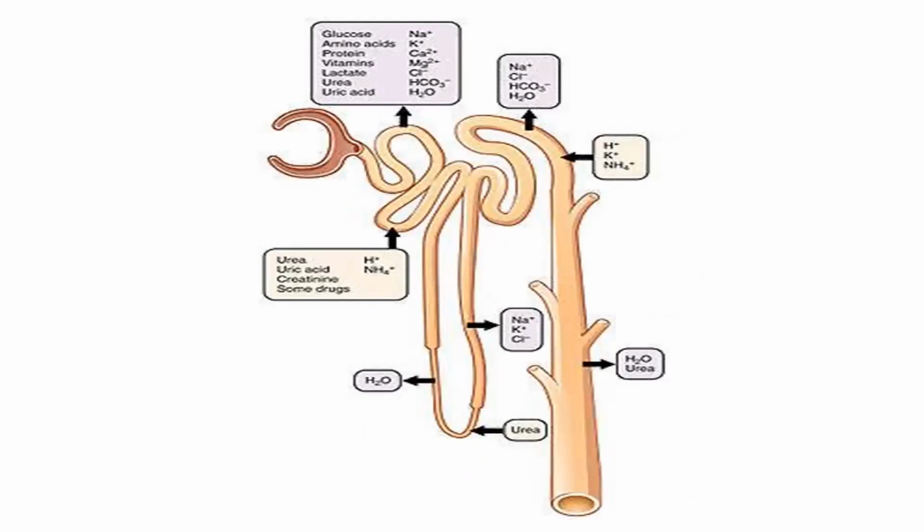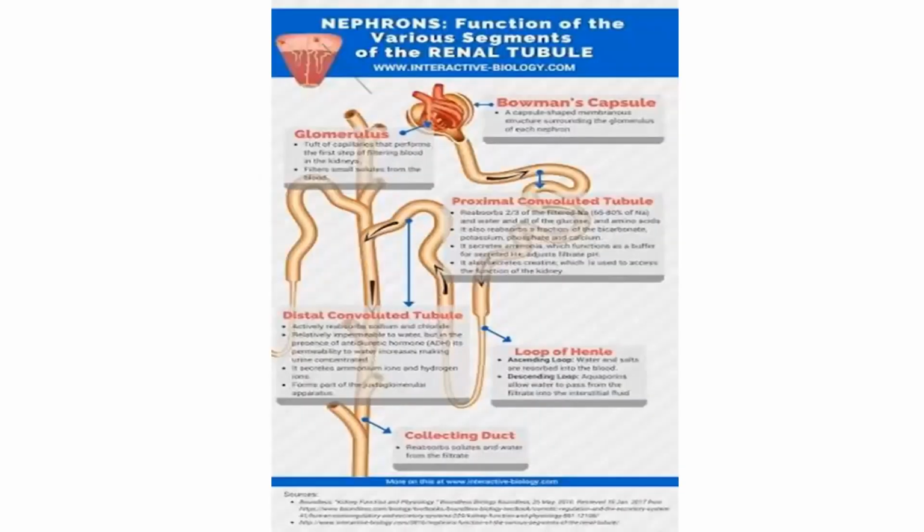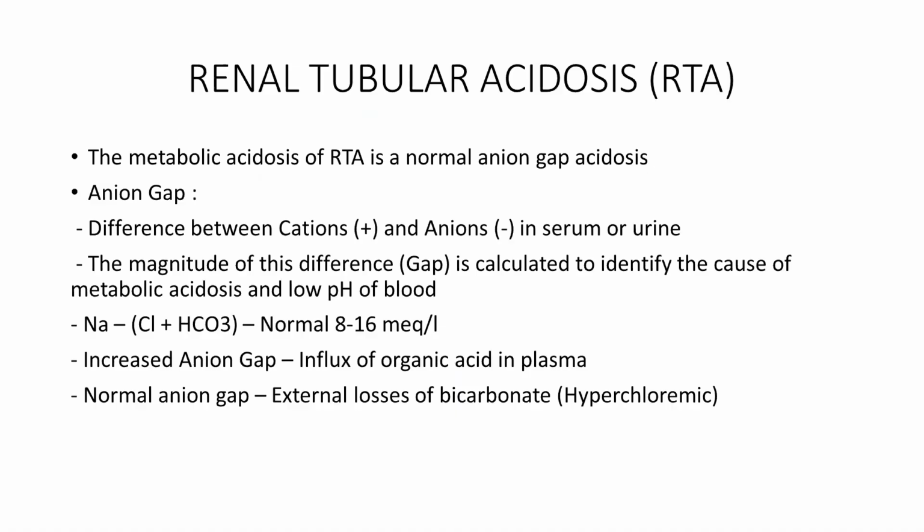For example, in the distal part of the proximal convoluted tubule, there is secretion of hydrogen ions, and ammonia secretion is also there. Similarly, in the distal convoluted tubule, hydrogen ion is secreted into the urine and is passed out.